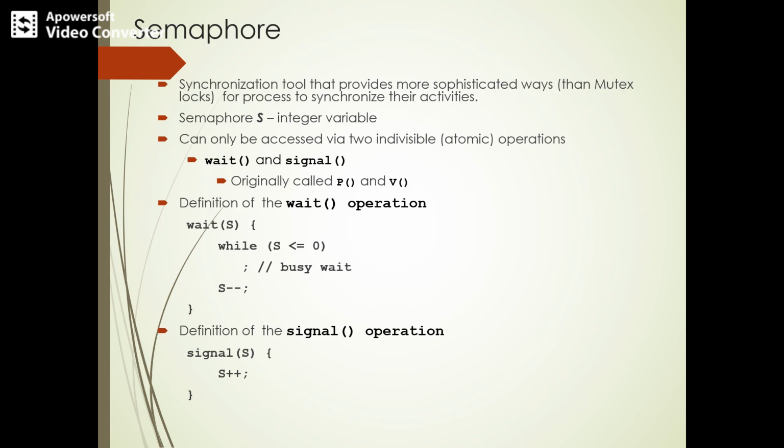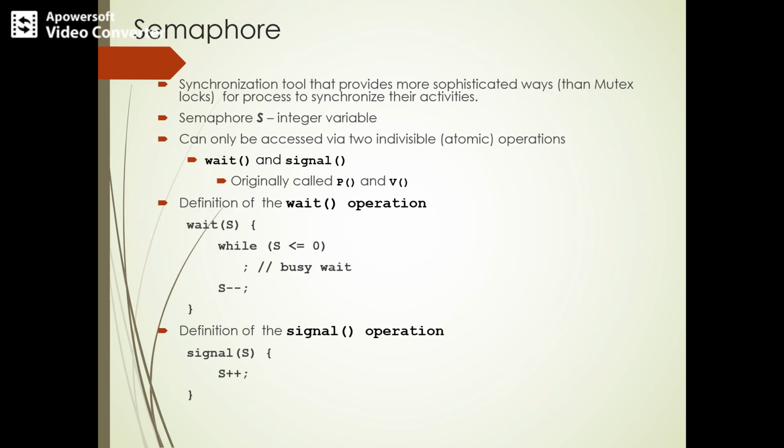The process calls the P operation when it wants to enter into the critical section. So P is for wait, right? Whenever it wants to enter into the critical section, it has to call this P operation or the wait operation, and it calls the signal operation or the V operation when it wants to exit the critical section.